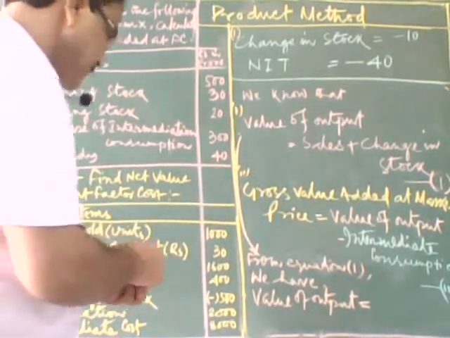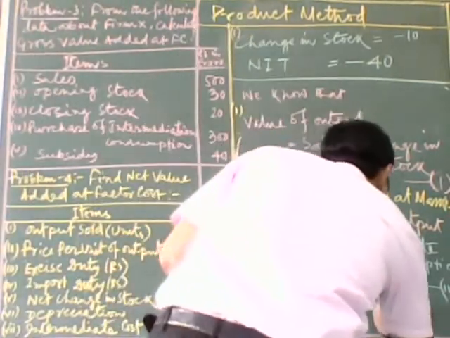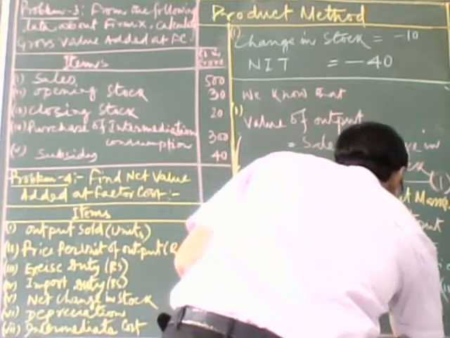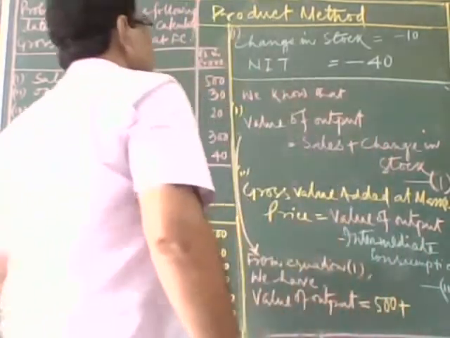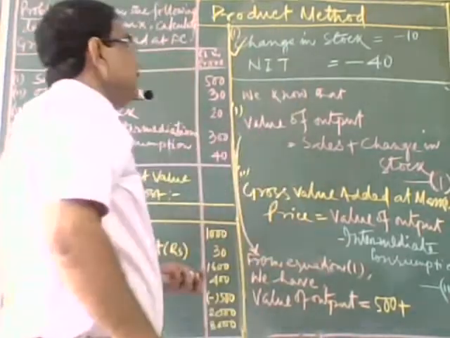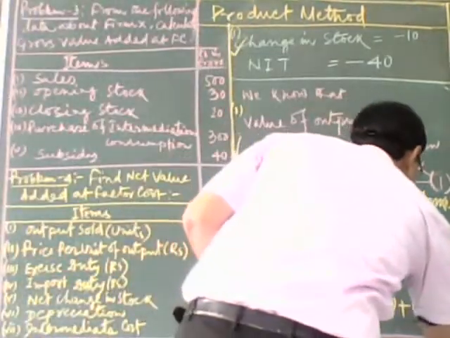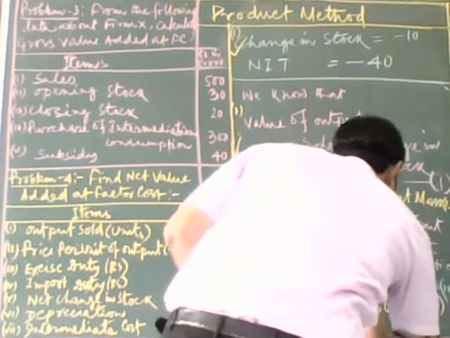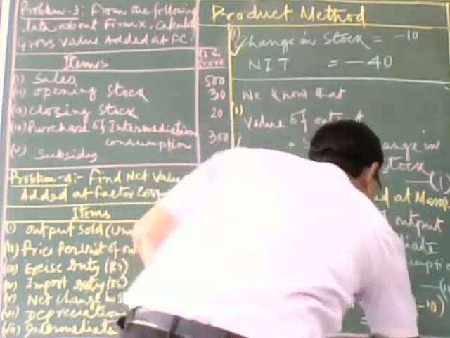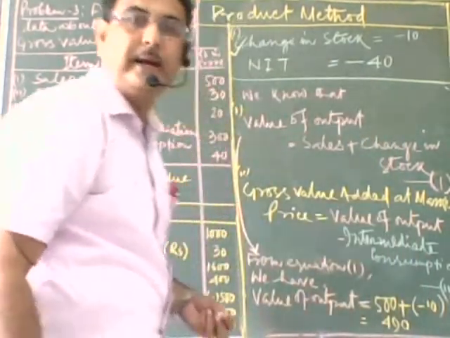You have to put the value 500 plus change in stock. Already you have calculated the value. Change in stock is equal to minus 10. 500 plus of minus 10 is equal to 490. That value is 490.